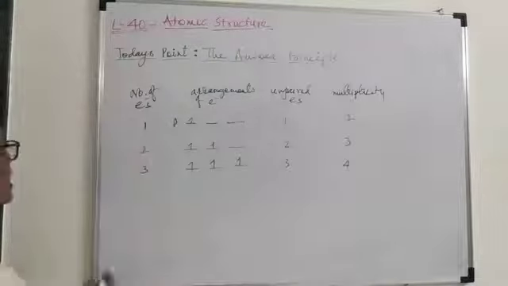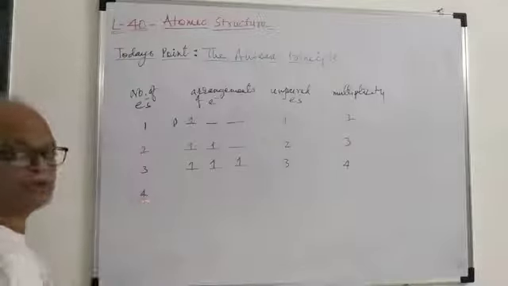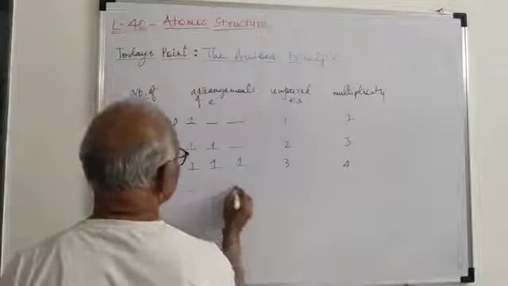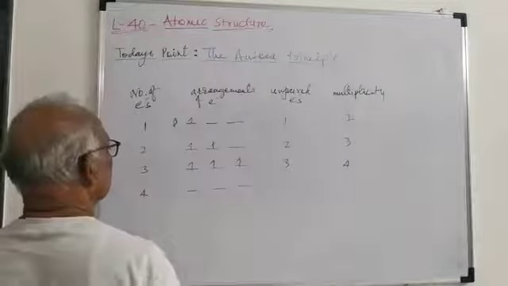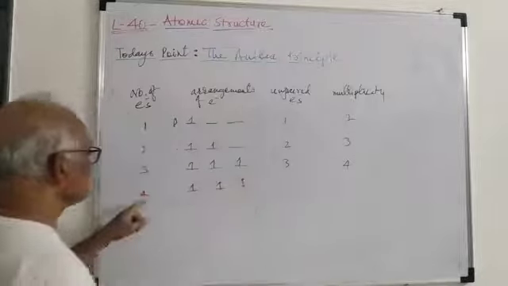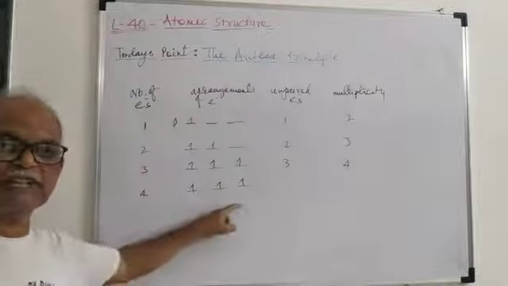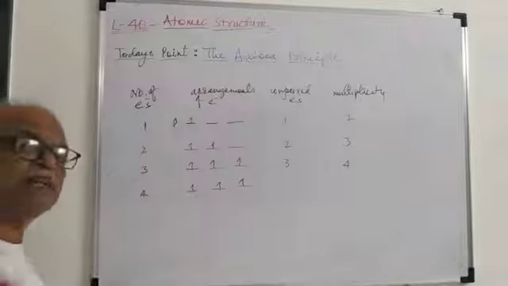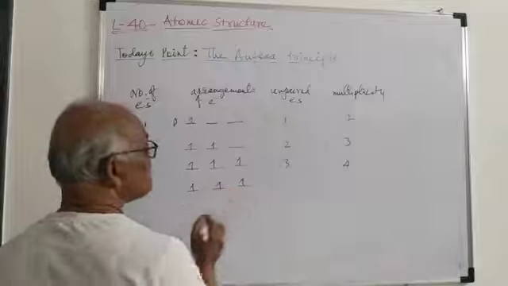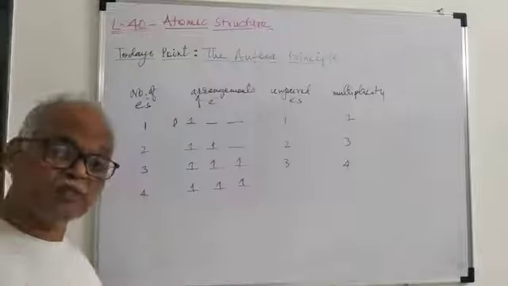Another case: when we have 4 electrons available and the atomic orbitals are like this, we can show the distribution like this. Out of these 4, 3 electrons are distributed in this way with like spin. Then the 4th electron will go into any of these 3 orbitals with opposite spin.